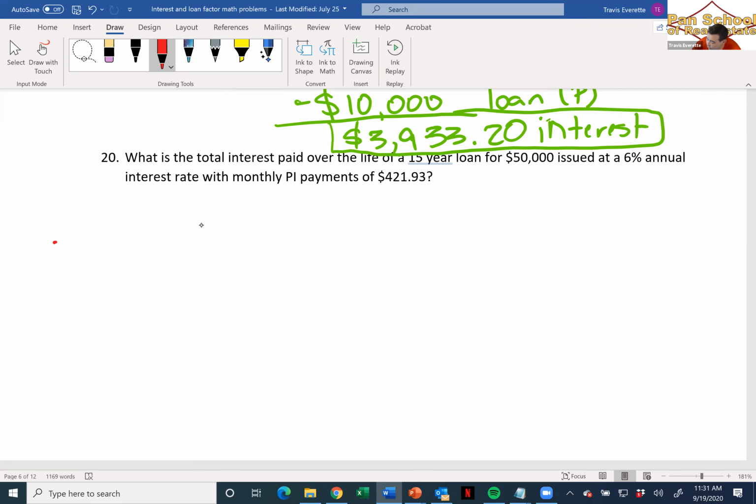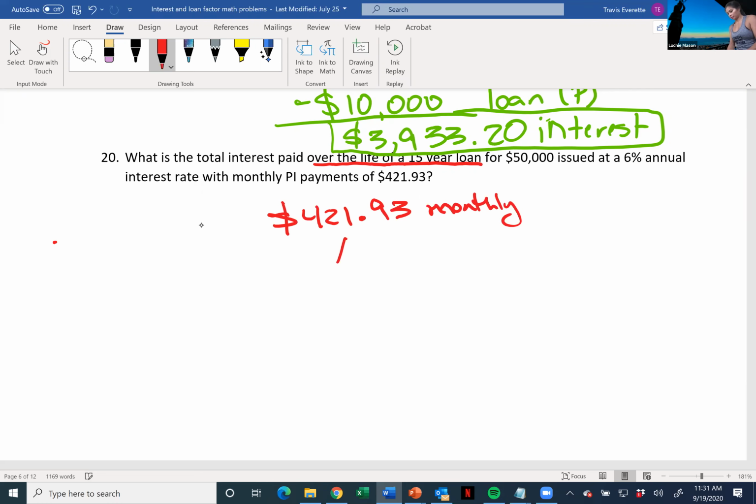Whenever you're asked for this total interest paid over the life of a loan, that's the key phrase here, you need to know the monthly payment. Do we have the monthly payment? Yeah. And how much is that monthly? $421.93. $421.93 monthly times 12 months a year times 15 years.